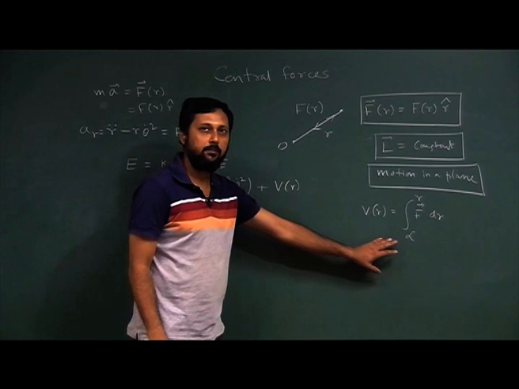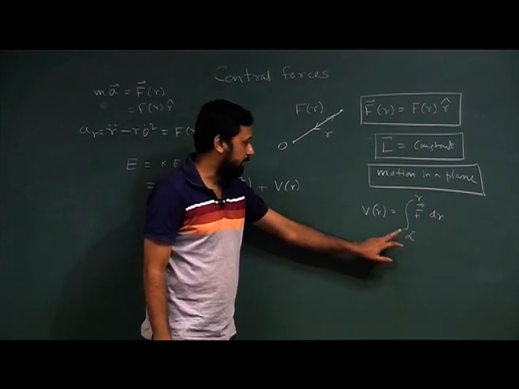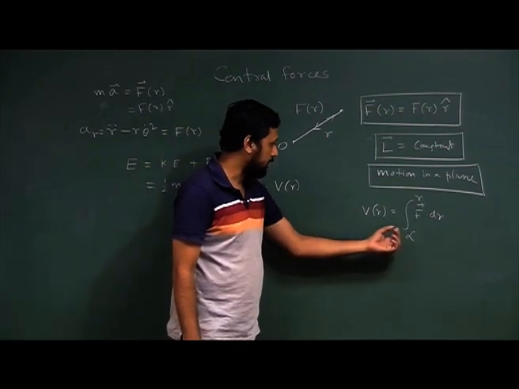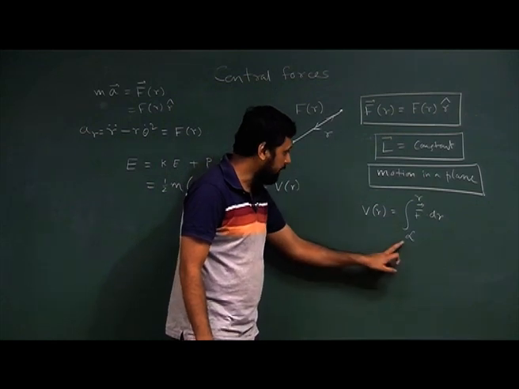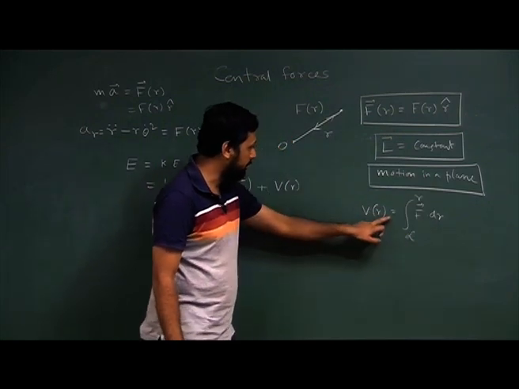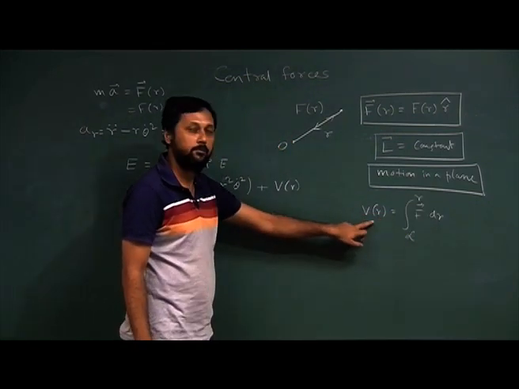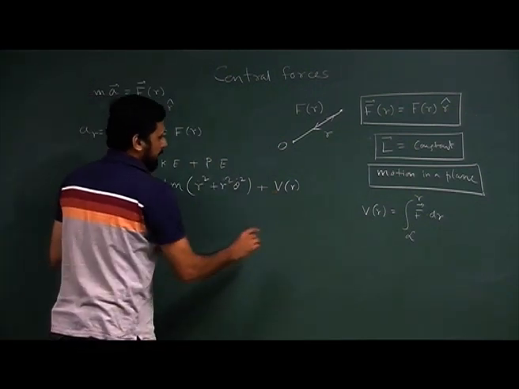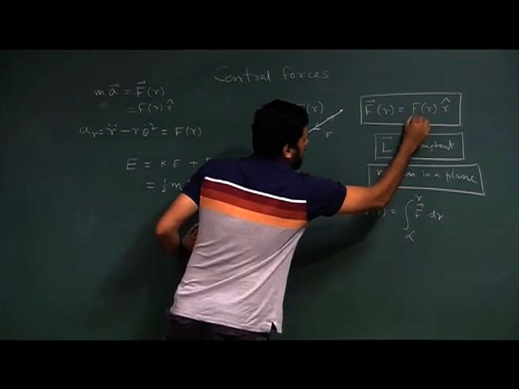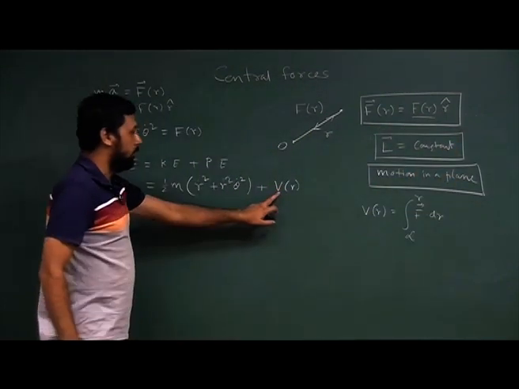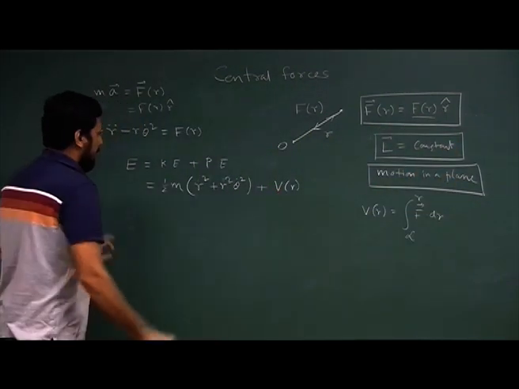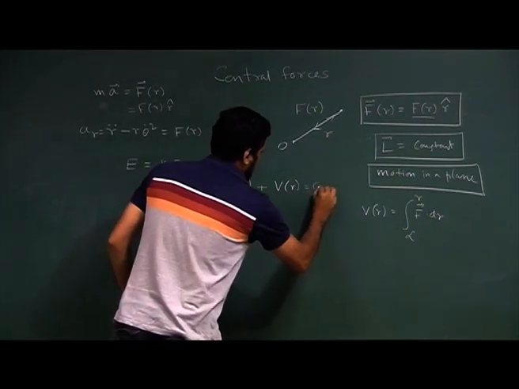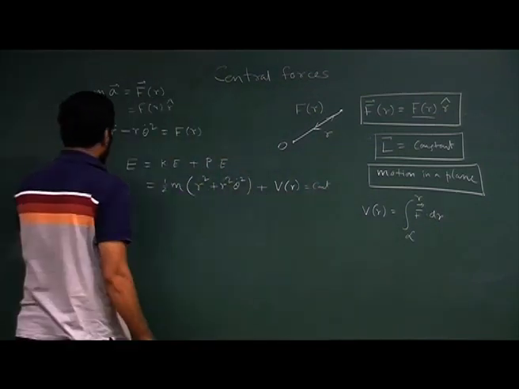So, potential by definition is the work done in bringing this particle in question from infinite distance to a distance r, that will give you the potential at a point r. Assuming that we know the functional form of F of r, we also have a knowledge of V of r. And this whole thing is a constant, because E is a constant.